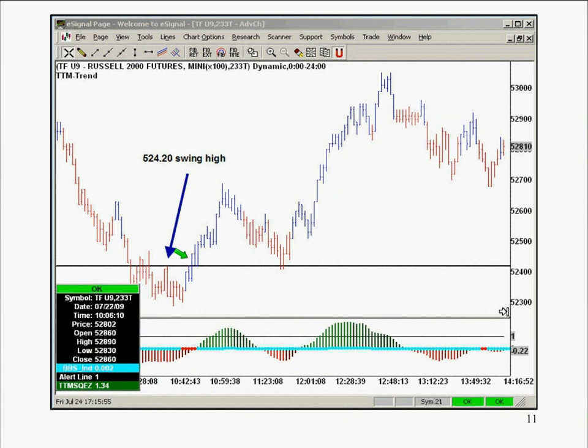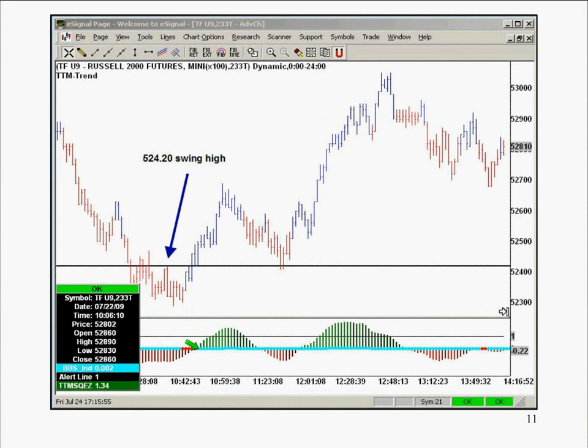I wanted to see at the time that you broke out above the prior swing high that the trend bars turned blue for a buy. And I wanted to make sure that you were either flat on the indicator, or above for a buy. Okay, and where you did over here, actually that looks like, I'm not 100% sure.